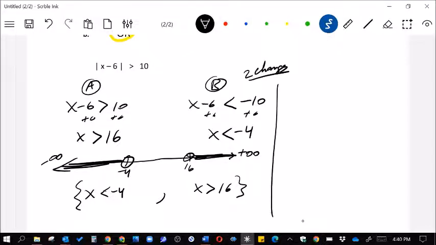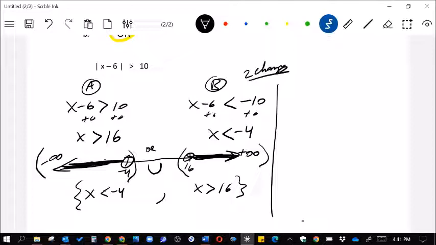If we're going to do it with interval notation, we need to show parentheses here and here, and parentheses here and here. Because it's an or, we have to use a union sign. The union sign means that all the answers here are acceptable, and also all the answers here are acceptable.